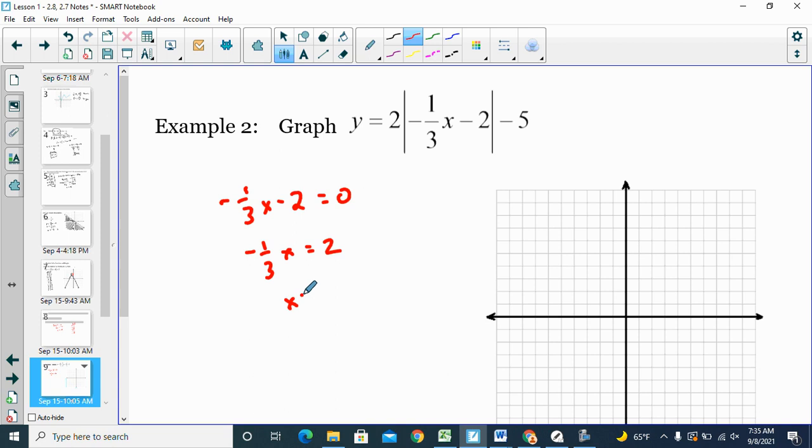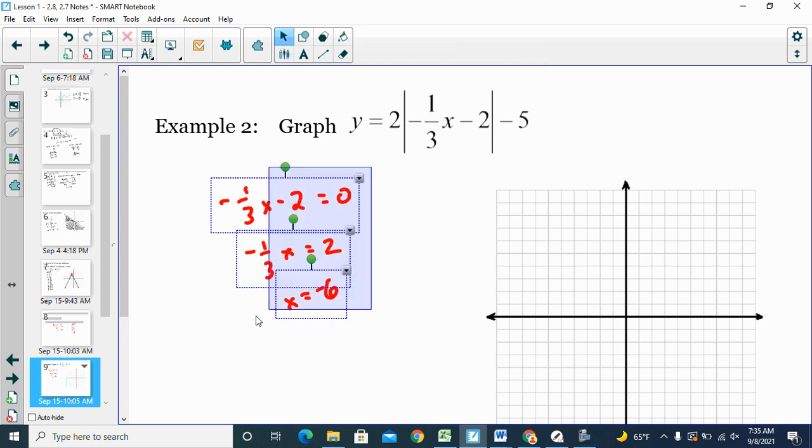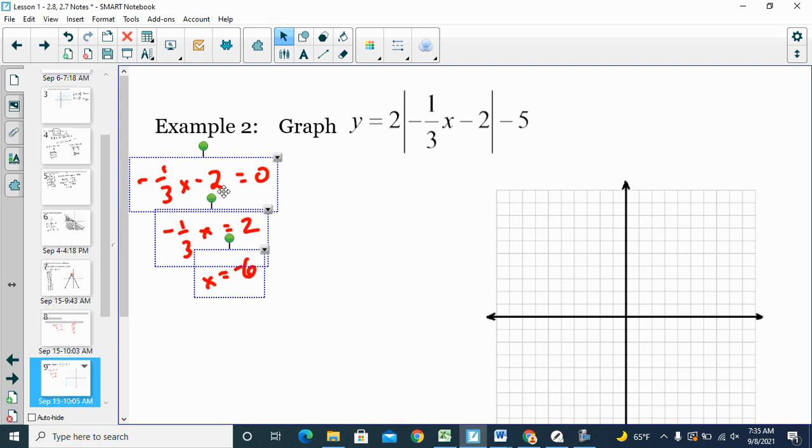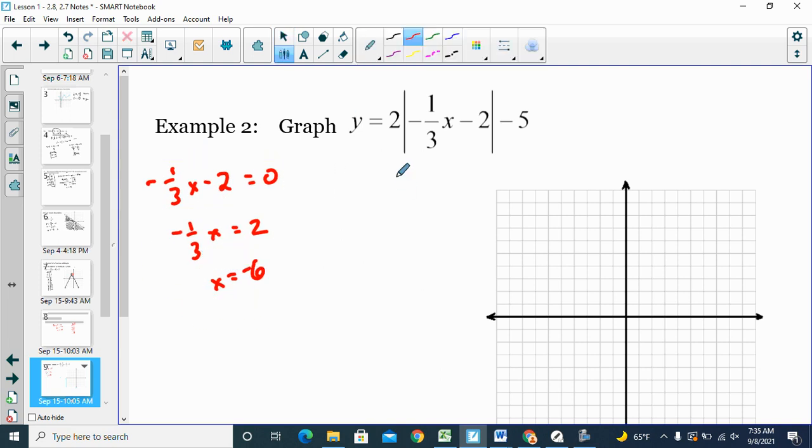Multiply by negative 3 on both sides. My vertex is at x equals negative 6. Negative 6 is going to go in the middle of my xy chart. Usually I would plug in negative 5, negative 4, negative 7, and negative 8, but because I'm going to multiply them by negative 1/3 here, it's going to be easiest if we choose multiples of 3.